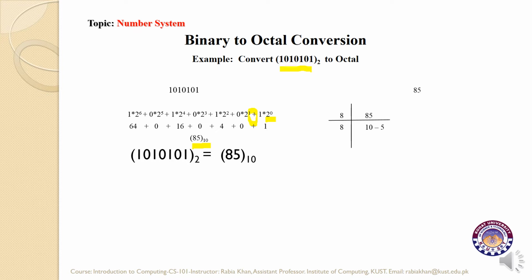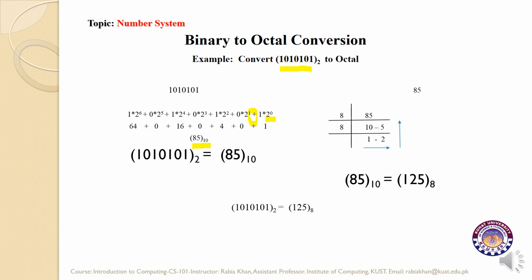Again we divide 10 by 8, and the result is 1 as quotient and 2 as remainder. So how do we write the answer? In bottom up manner, as you know already. So 85 is equal to 125 in base 8.